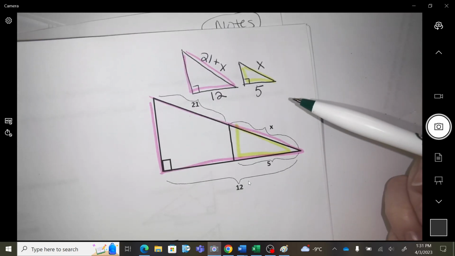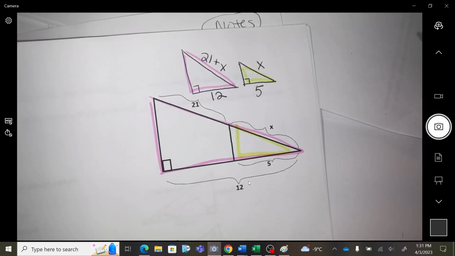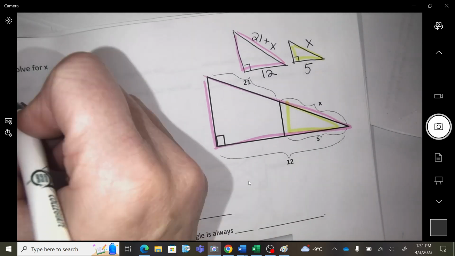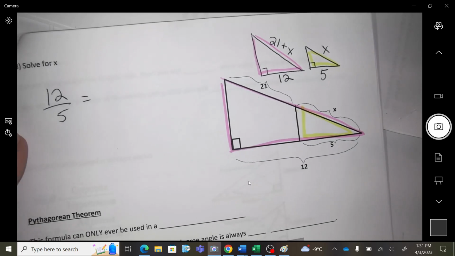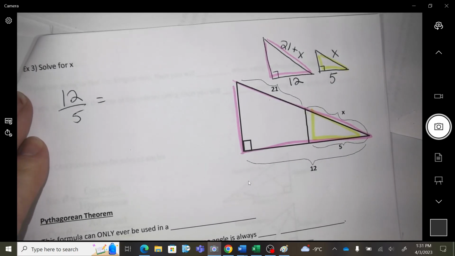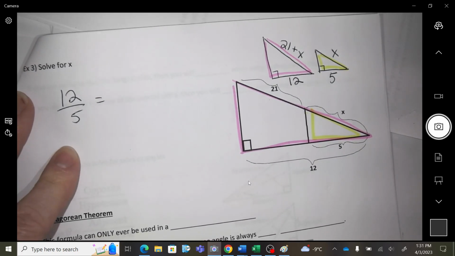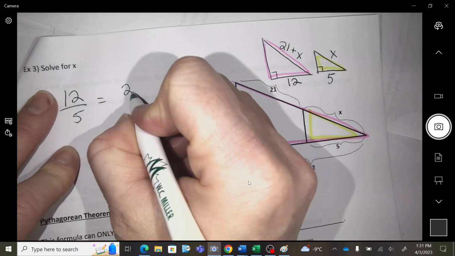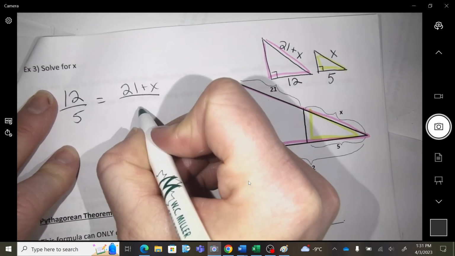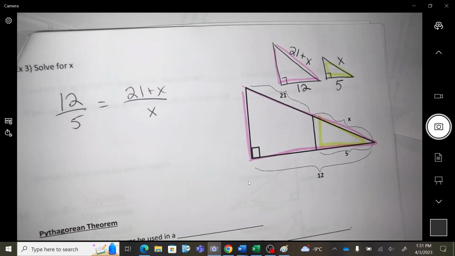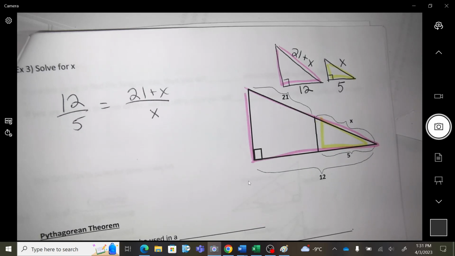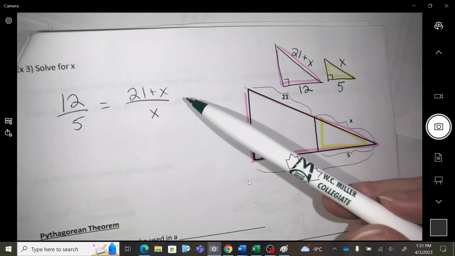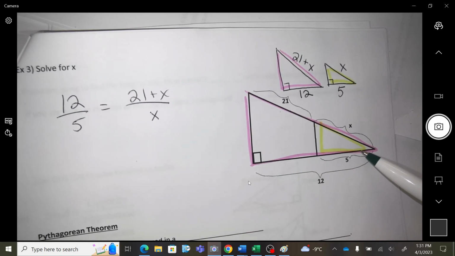What to what is the same ratio as what to what? So 12 to 5 is the same ratio as 21 plus x to x. Does that kind of make sense? It's the same thing, it just was a little bit more complicated looking because that side was not a number.